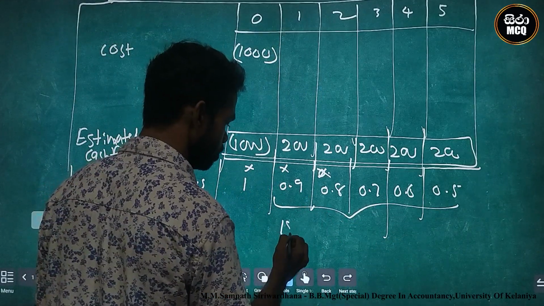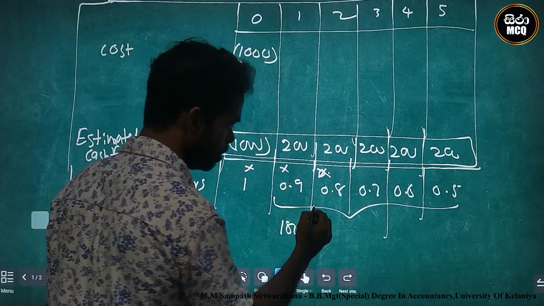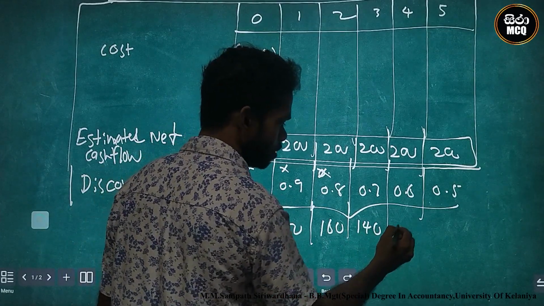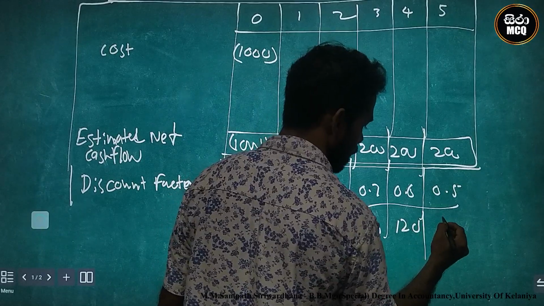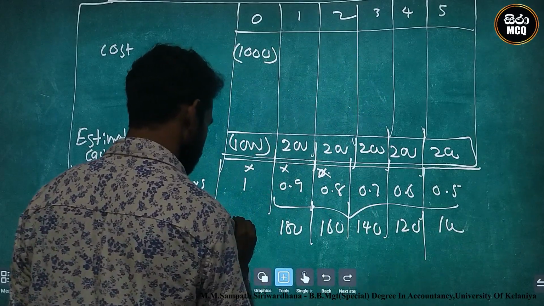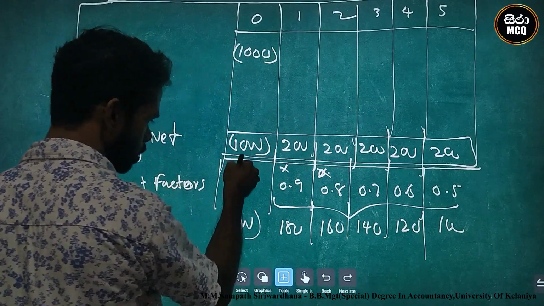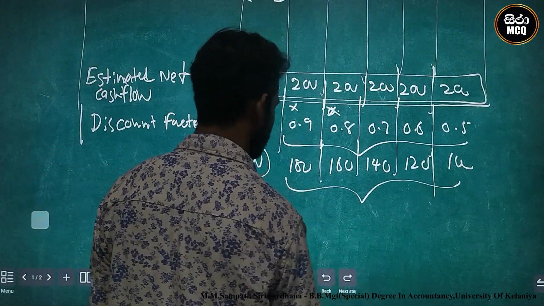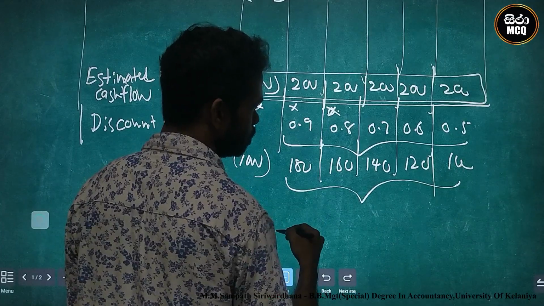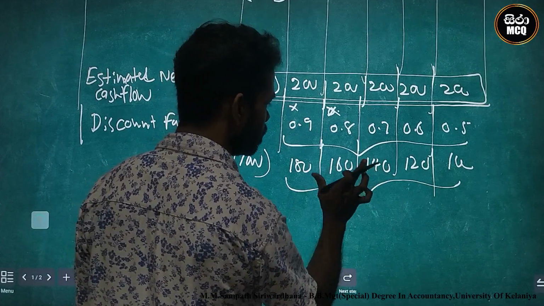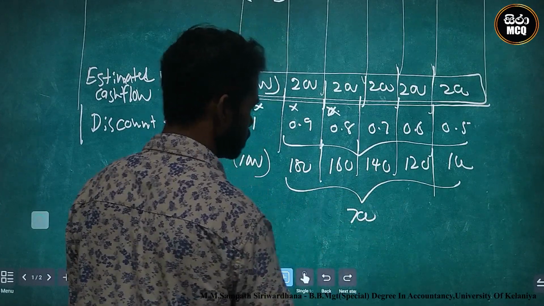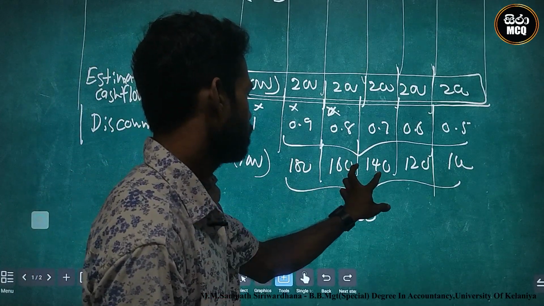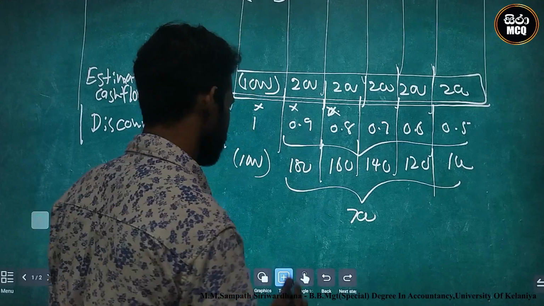After multiplying, we can find the present values. How can we find it? 200 multiplied by the factors gives 180, 160, 140, 120 and 100. The 1000 is multiplied by 1. Therefore, these are the present values.